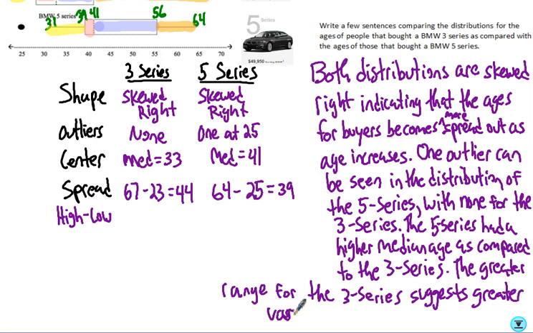And again, all we're saying there is that if a random person walked in with the 3 Series, who knows? It could be a young person, it could be an old person. So we're just saying there's more variability there, right?